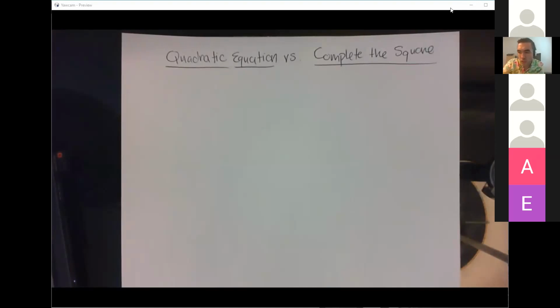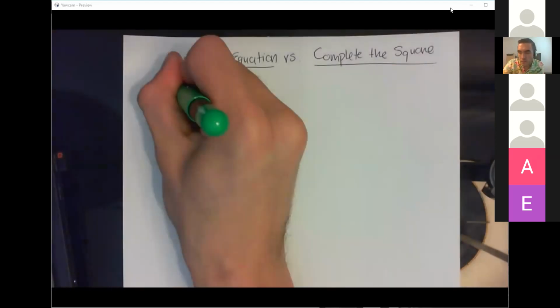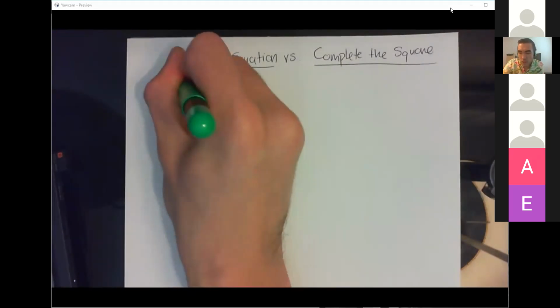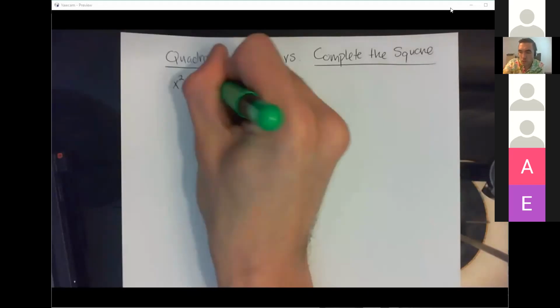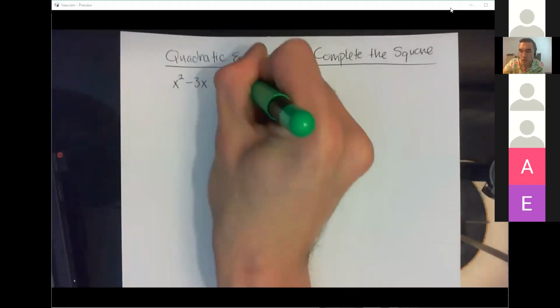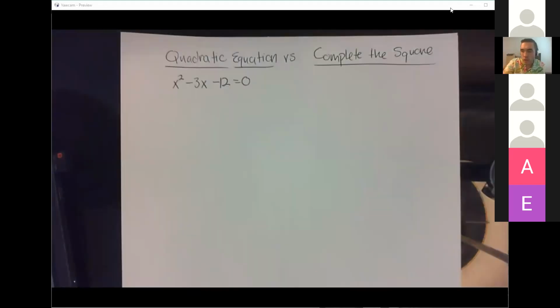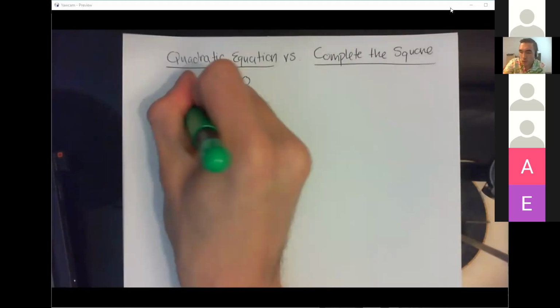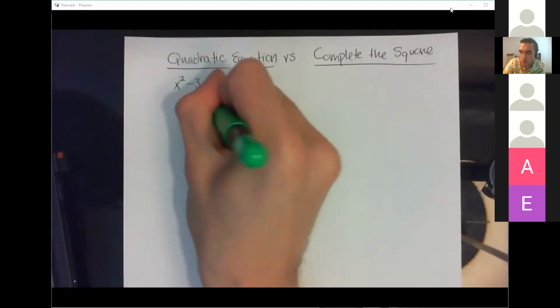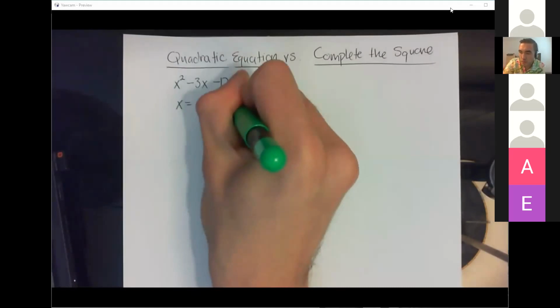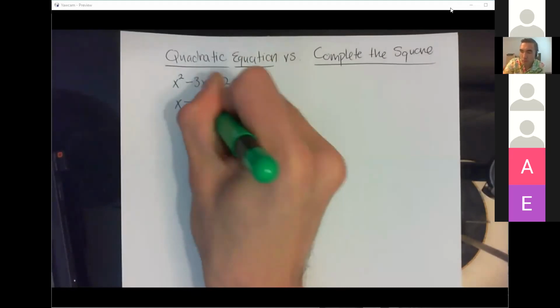So in terms of the question, what is the answer to the quadratic x squared minus 3x minus 12 equals 0? We now know that the quadratic equation tells us that x is going to be equal to 3 plus or minus the square root of 57, all divided by 2.